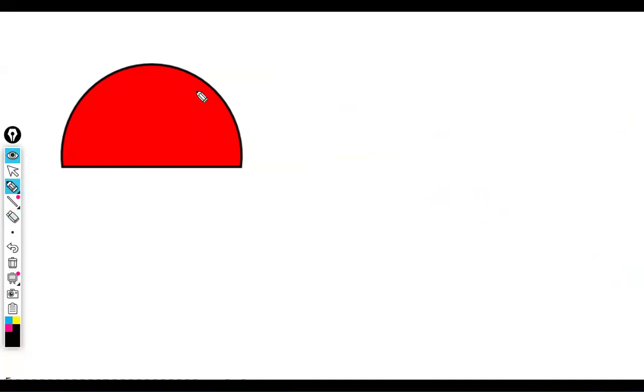I'm going to give you a backwards question now. I am going to tell you that the area of this semicircle is 44 centimeters squared. Your job is to find the radius, R for radius, of that semicircle.